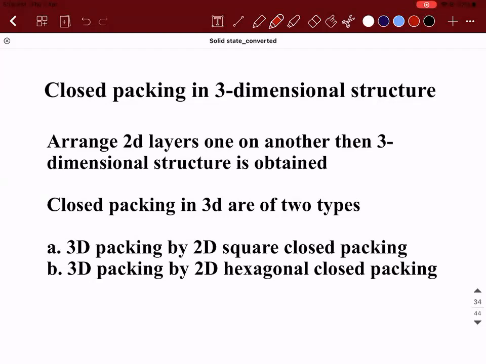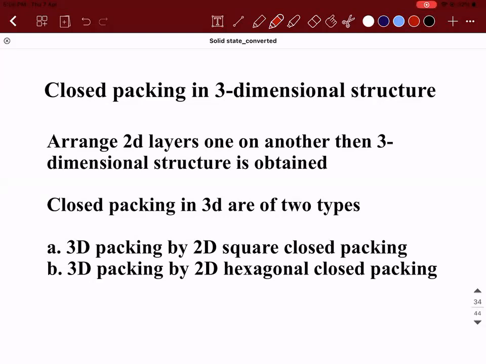AAA type means, in 2-dimensional square closed packing, one particle is there, and precisely the other particle will be placed below it. It is not placed in between the 2 particles. When the second layer particle is placed exactly below the first layer, likewise third layer, likewise fourth layer, this is AAA type.